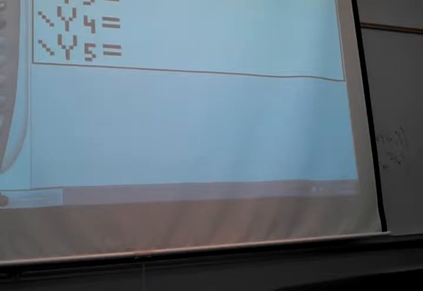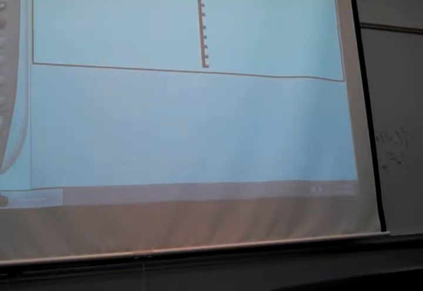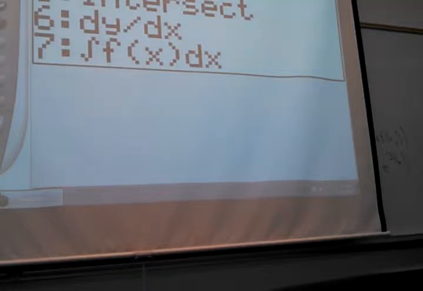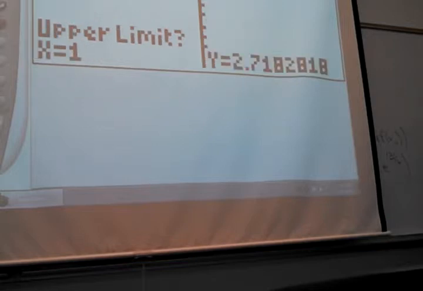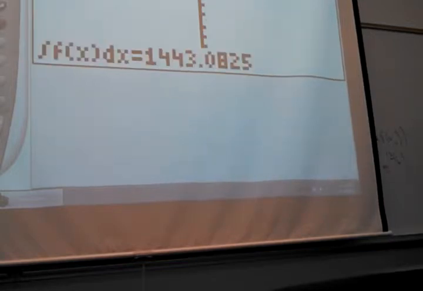All right, so if you put e to the x squared, and now if I go second calc, number 7, integrate from, what was it, 1 to 3? Yeah, I get a little something different.